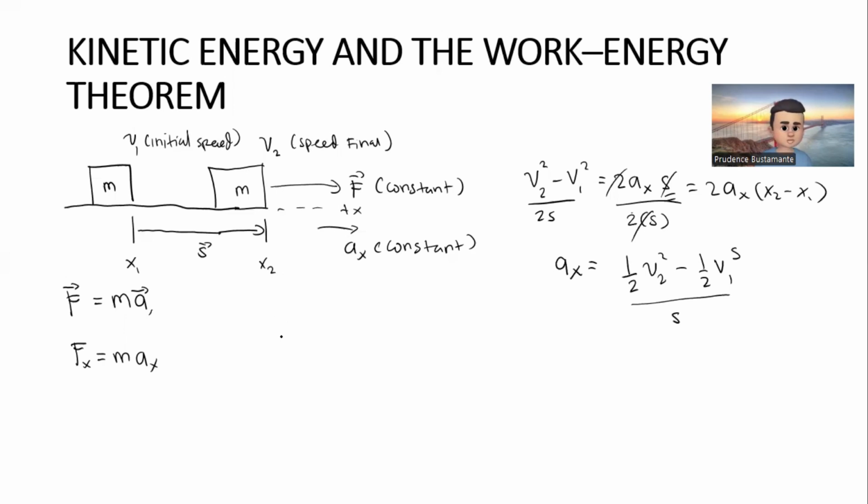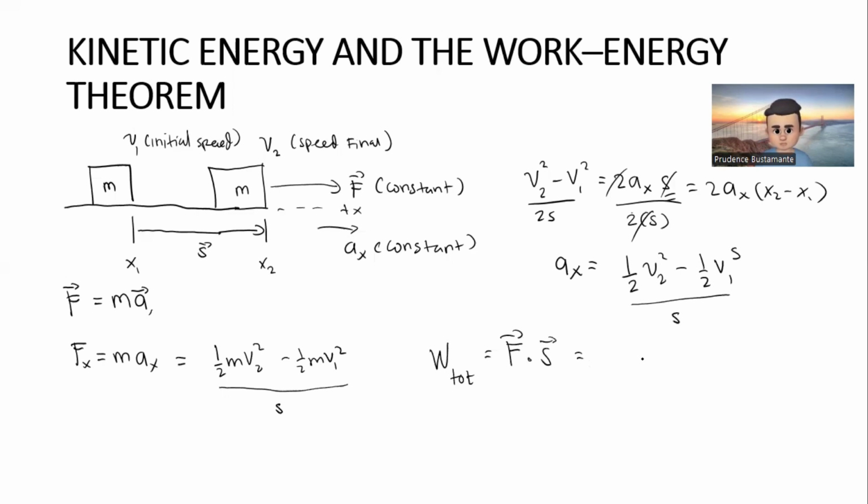Therefore the force is equal to 1 half m v2 squared minus 1 half m v1 squared over the displacement s. Since the net force is equal to this, the work total is equal to the net force F times the displacement.